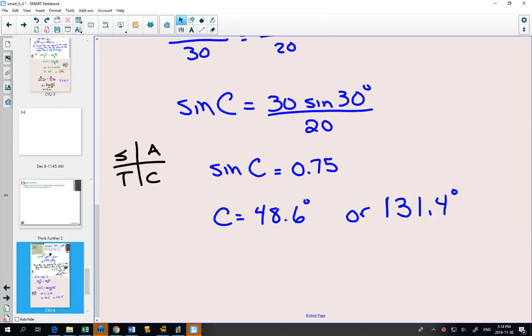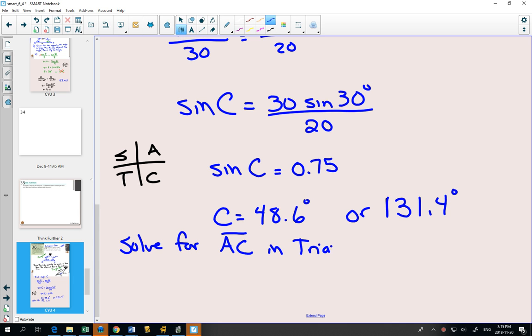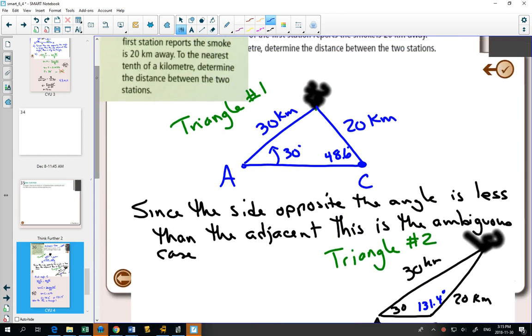Okay, so let's solve for the distance from A to C in triangle 1. If I'm looking at triangle 1 and I want to find the distance from A to C, I'm going to need to know this angle.